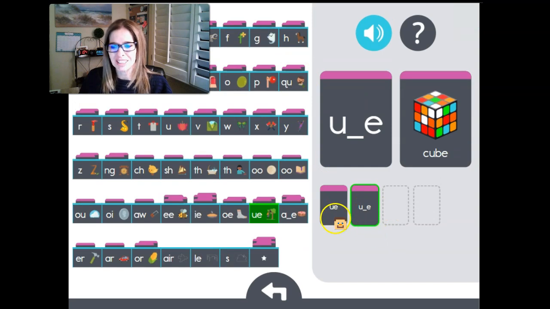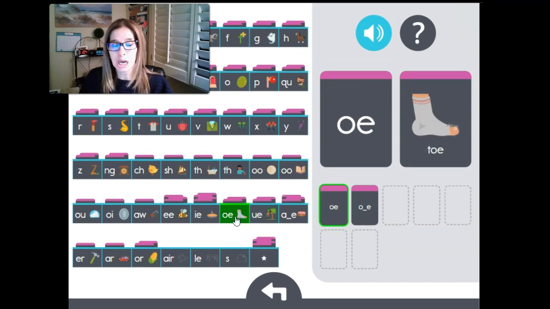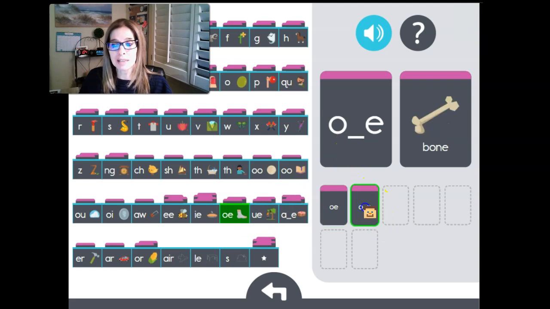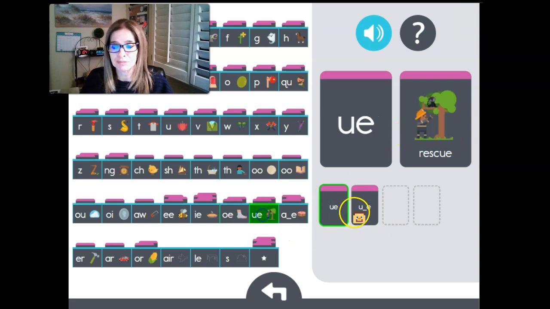All right. So far today, we've done the O spelling for toe, as well as recognizing that it's the same spelling, it's just separated for the O in bone. We just realized the U sound in rescue is spelled with UE.